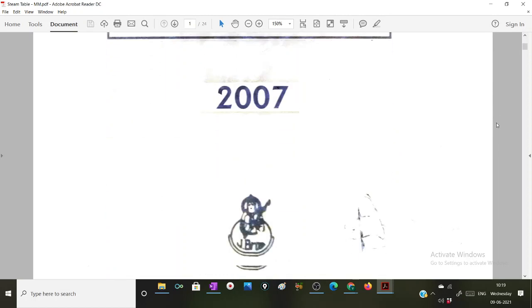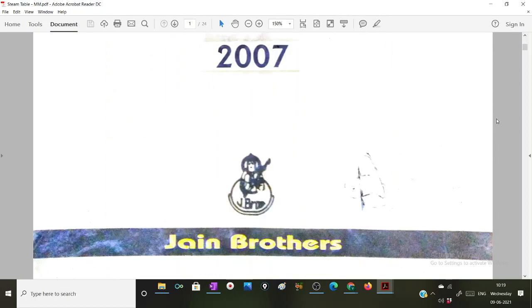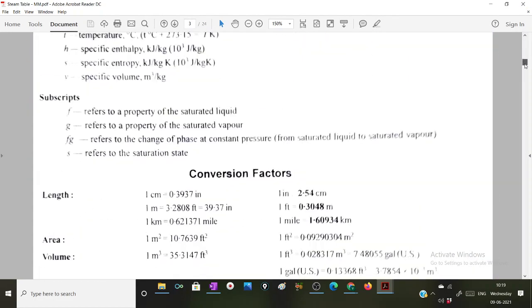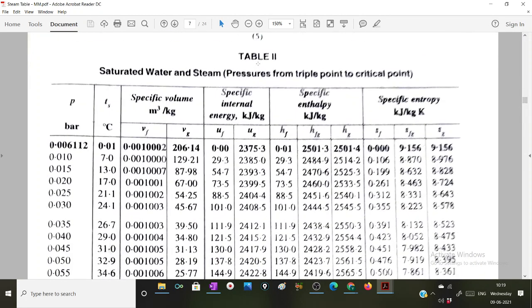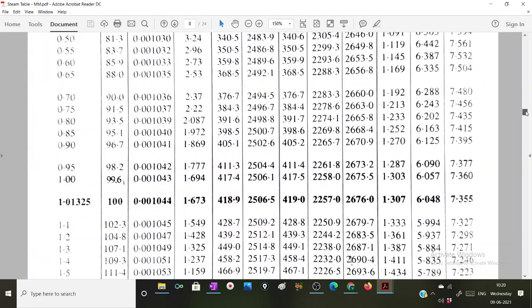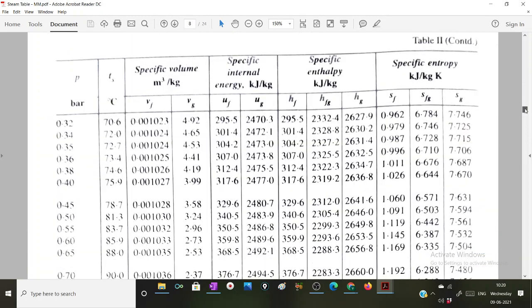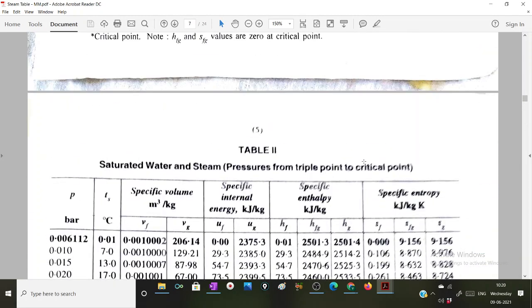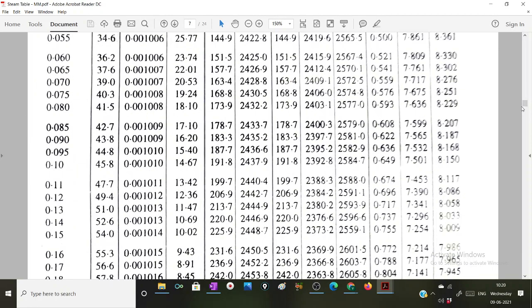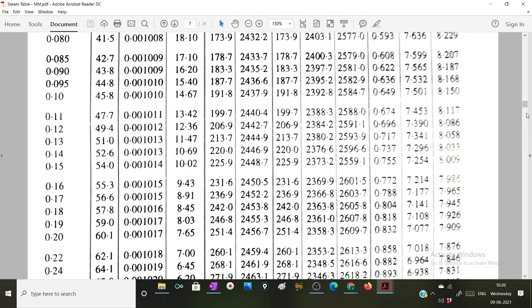So, there were three types of tables. One was when saturation temperature was known to me. When the temperature of steam is known to me, I can find out the properties. That was table number 1. Second table was where I can find out the properties when the pressure of the steam is known. So in our case, the pressure of steam is known to me, that is 5 bar. So let us scroll down this table to get the value of 5 bar.